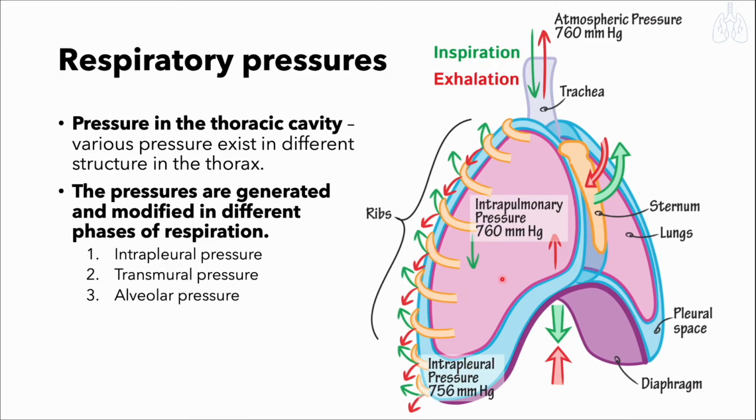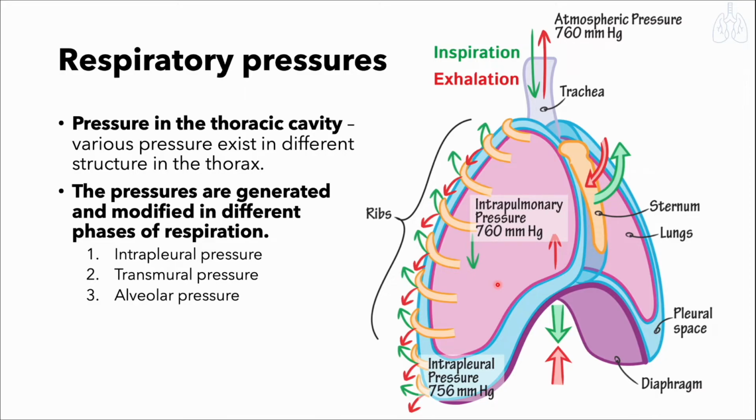Is it easy for the lung to expand if the pressure here is big? If it wants to exhale, it can. But to inhale, is it difficult? It is going to be difficult for the lung to expand, and then difficult for the air to come in from the atmosphere into the intrapulmonary space. That's why the negative intrapleural pressure compared to the intrapulmonary pressure is very crucial, because it helps the movement of air from the atmosphere into the lungs.